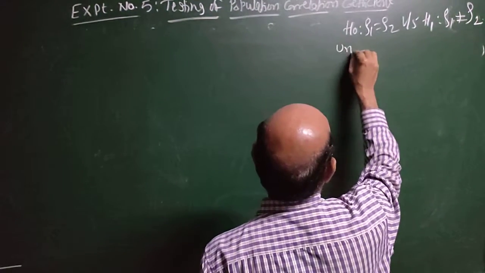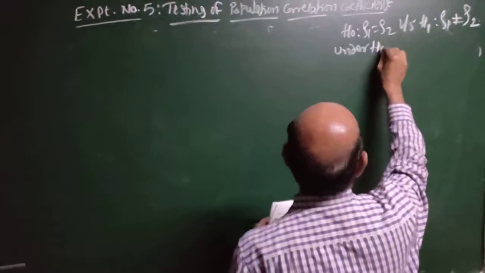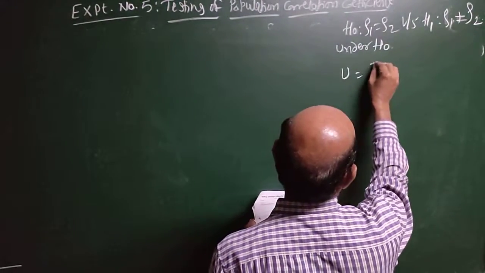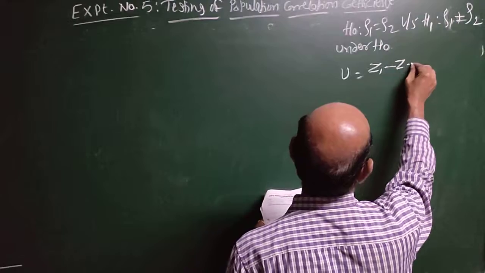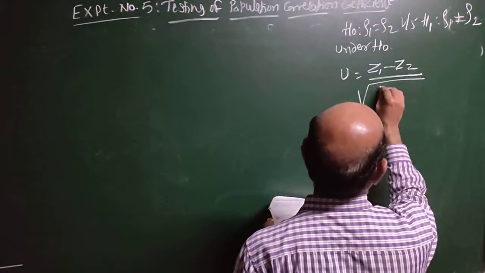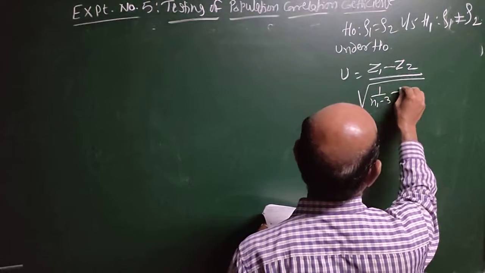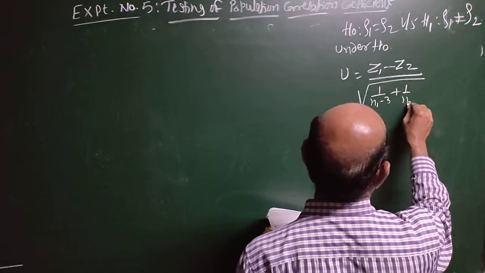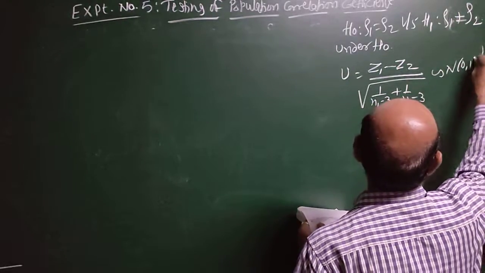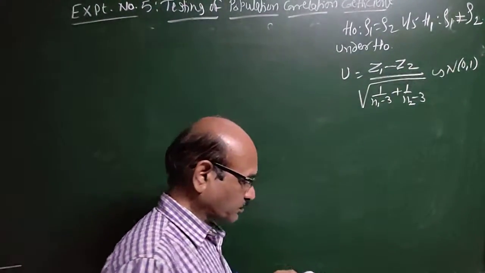So under H naught, your Z statistic or U statistic will be Z1 minus Z2 divided by the square root of 1 upon N1 minus 3 plus 1 upon N2 minus 3, which follows a standard normal. So that is your Z.